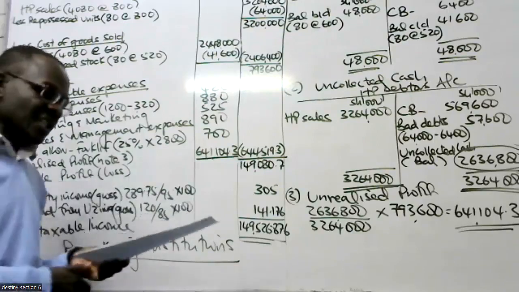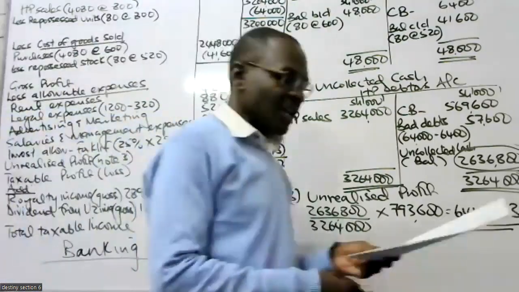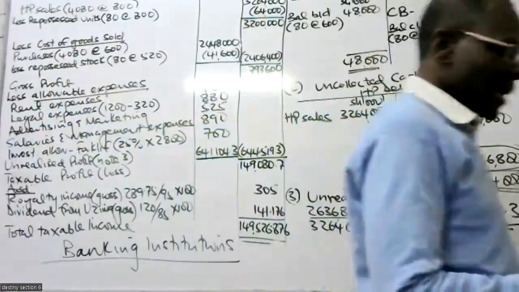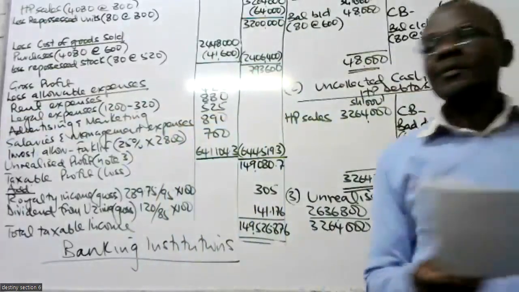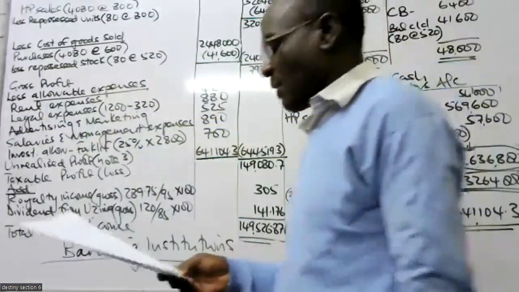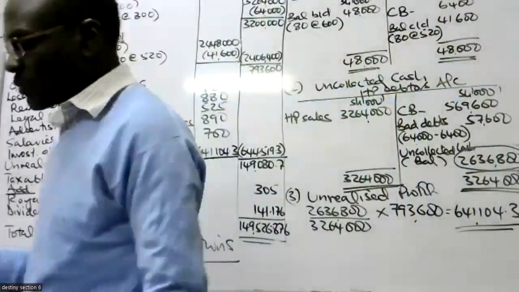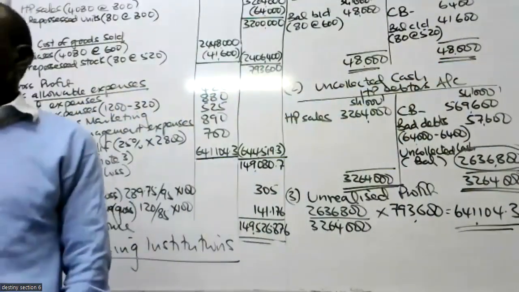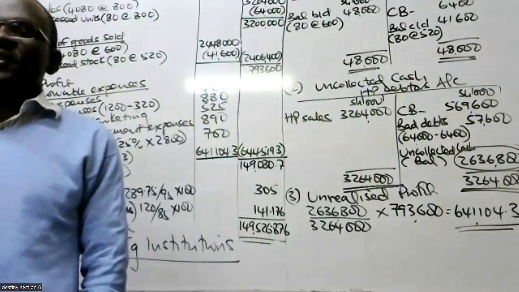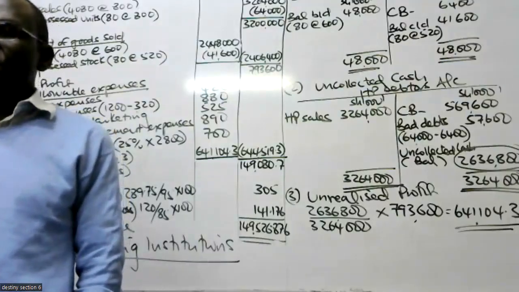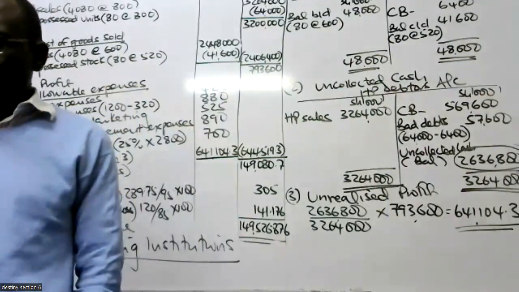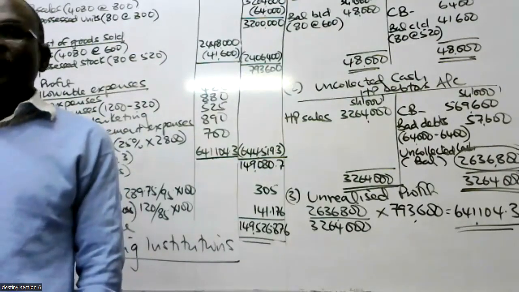The interest income derived from treasury bills and bonds is taxable income.